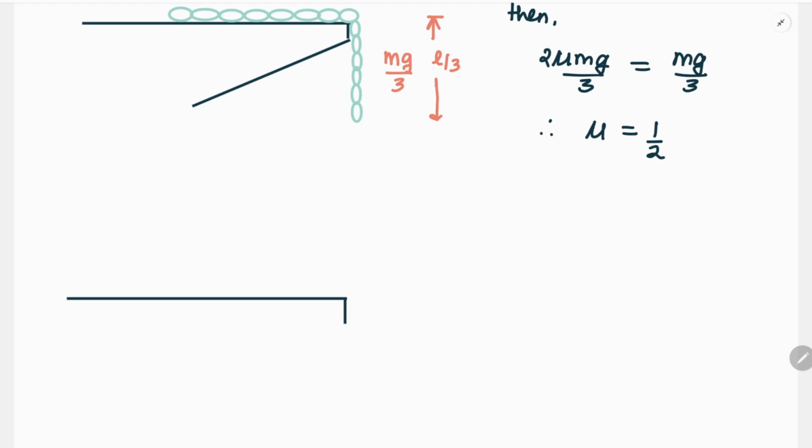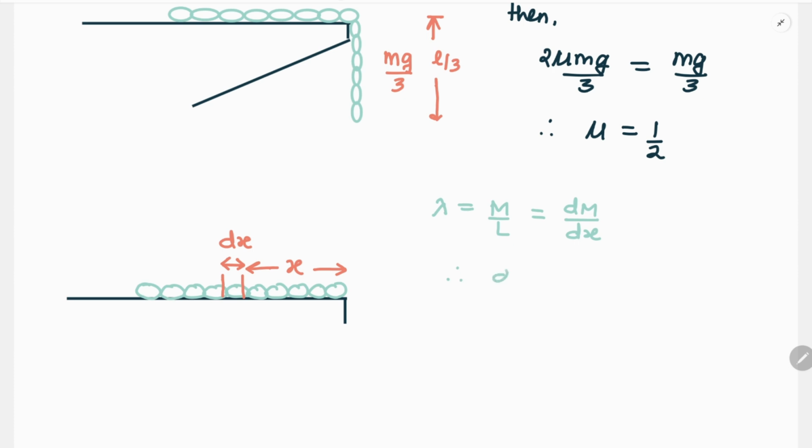If we consider a section of the chain at a distance x from the edge having mass dm, then lambda equals mass per unit length equals dm/dx.